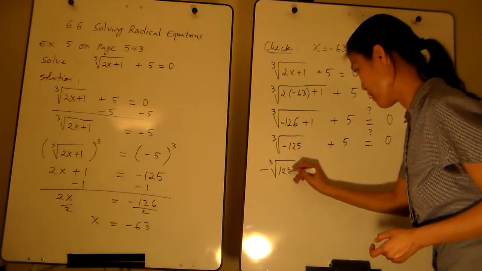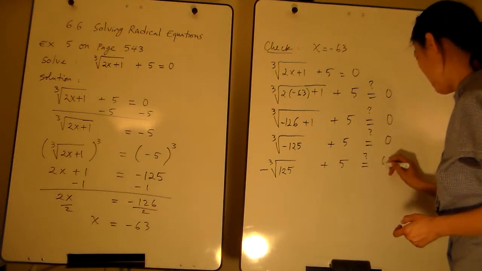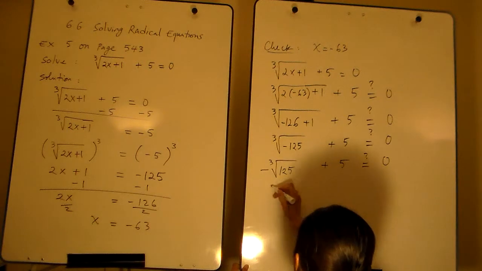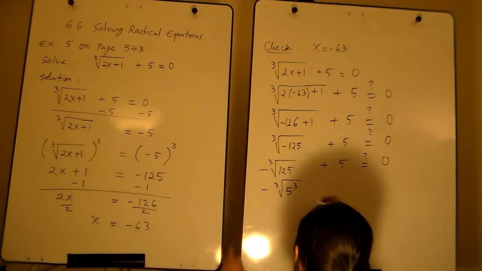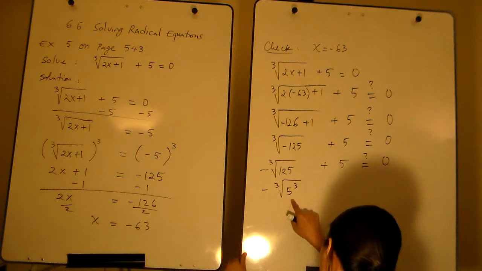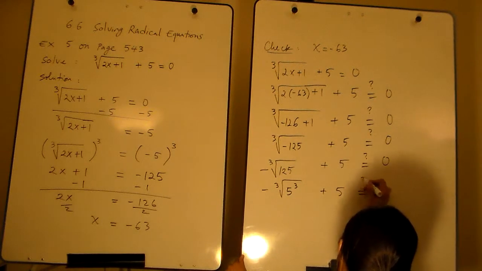So negative cube root of 125, plus 5, question mark, 0. For this, we can simplify to negative cube root of 5 to the third power, because 125 can be factored into 5 raised to the third power, plus 5, 0.